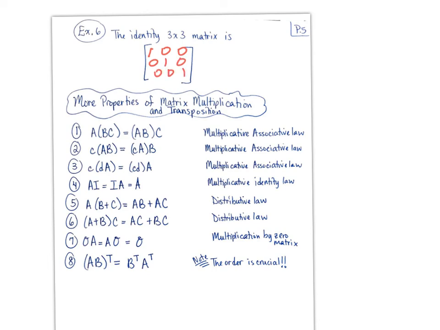Now, more properties of matrix multiplication and transposition. A times B times C is the same thing as A times B times C, regardless of grouping.